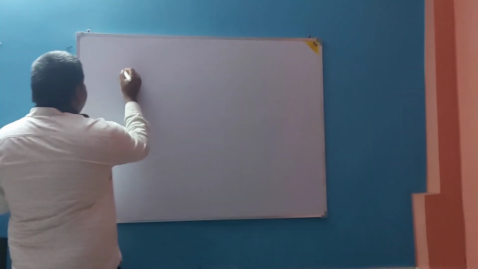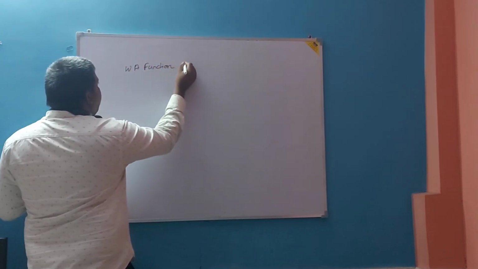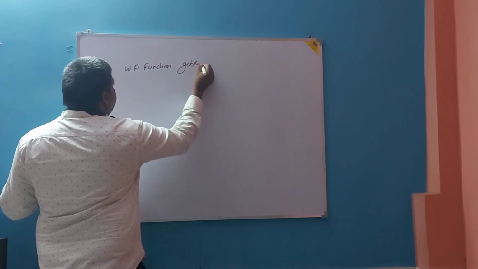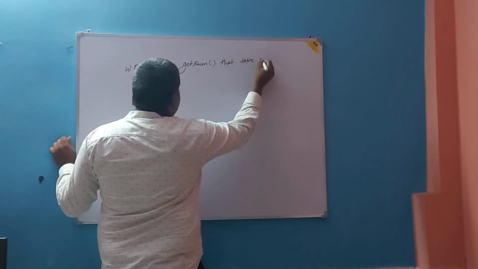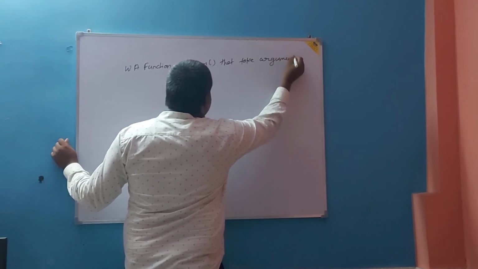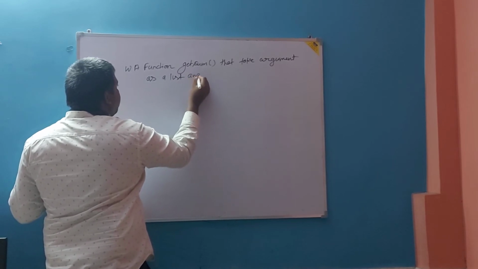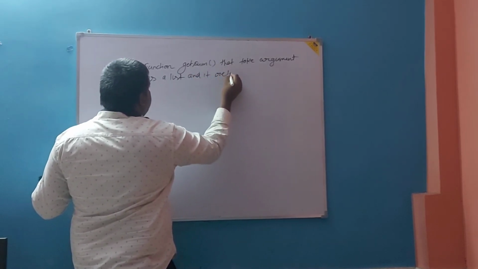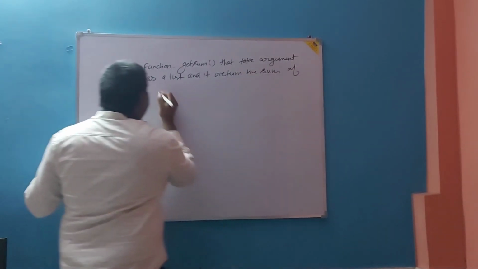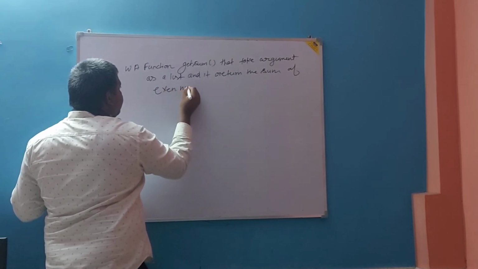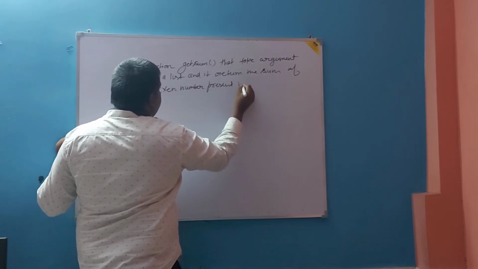The question is: write a function get sum that takes an argument or parameter as a list and returns the sum of even numbers present in the list.